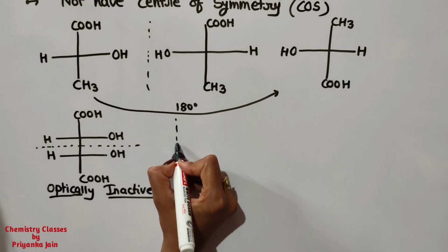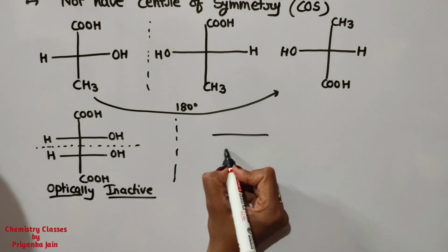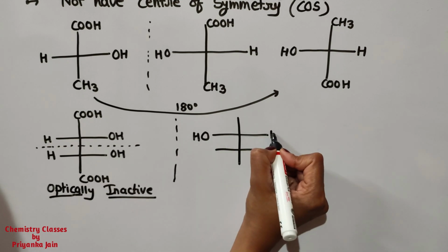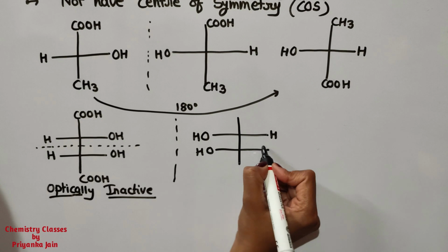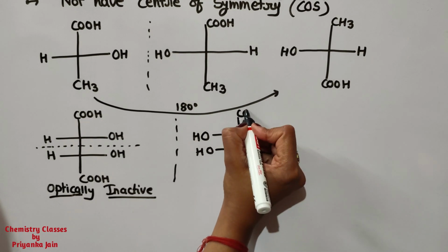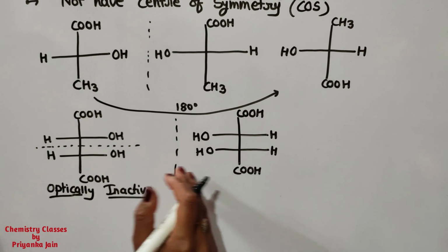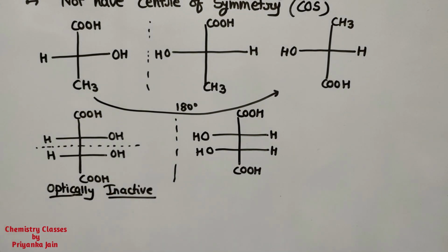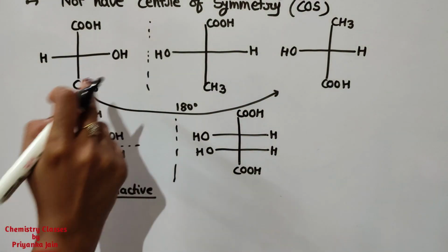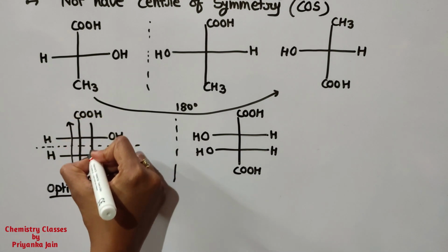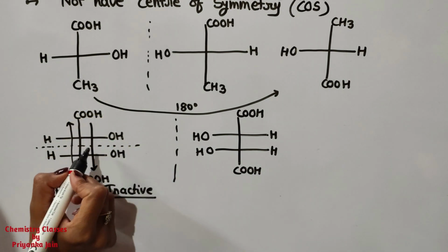Now if we are given another molecule in this manner, you have to identify whether they are enantiomers or they are homomers. So you can rotate this molecule by 180 degrees. Same thing you have to do as we have done here. This group will go here and this will go here, right. And now what do you have to do?